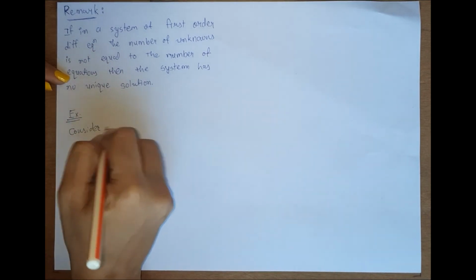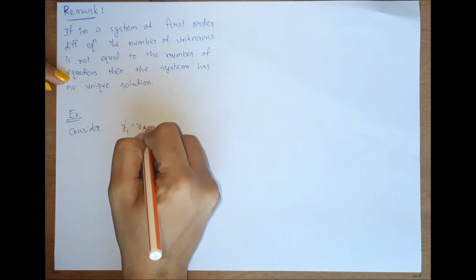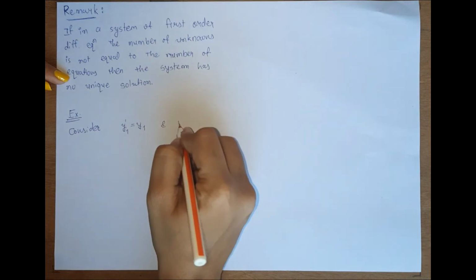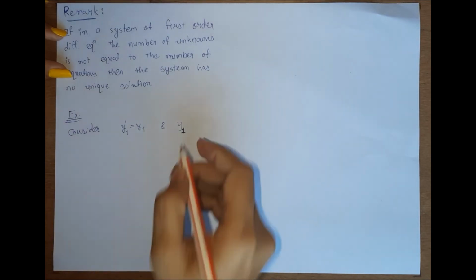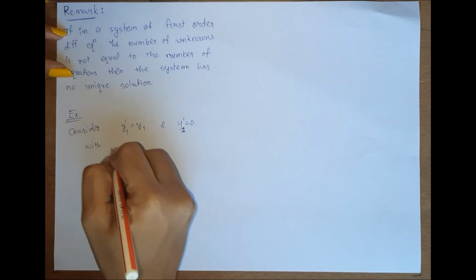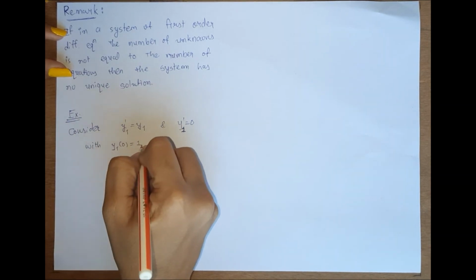Consider y1 dash is equal to y1 and y1 dash is equal to 0 with initial value condition y1 of 0 is equal to 1.